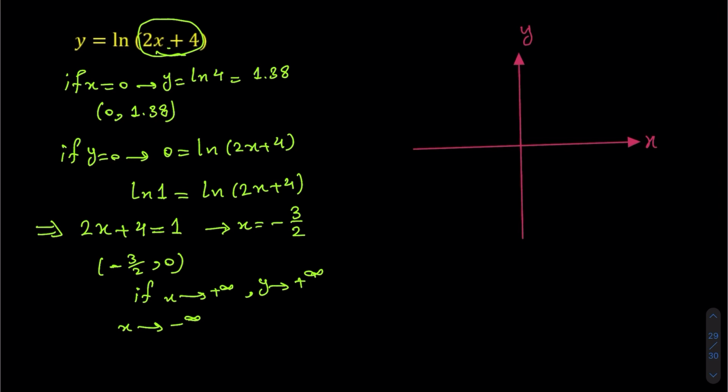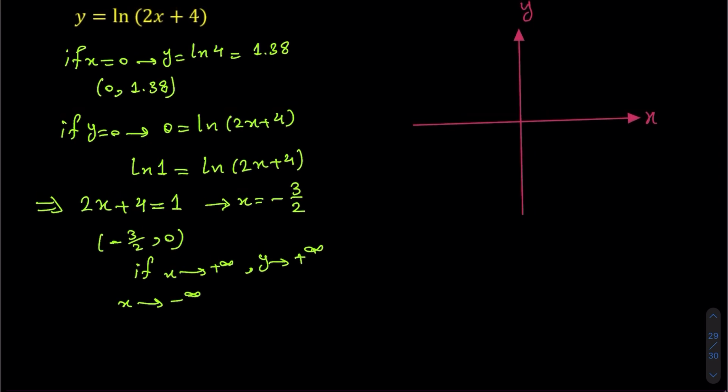It can never be negative. Otherwise, ln of something negative doesn't make sense, right? So we cannot say x approaches negative infinity.